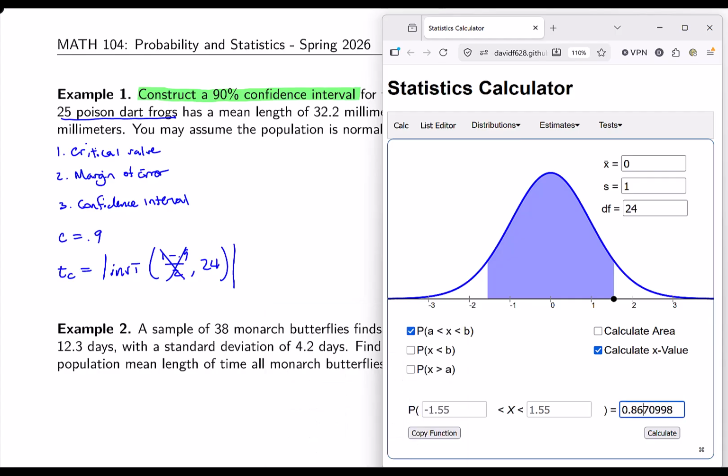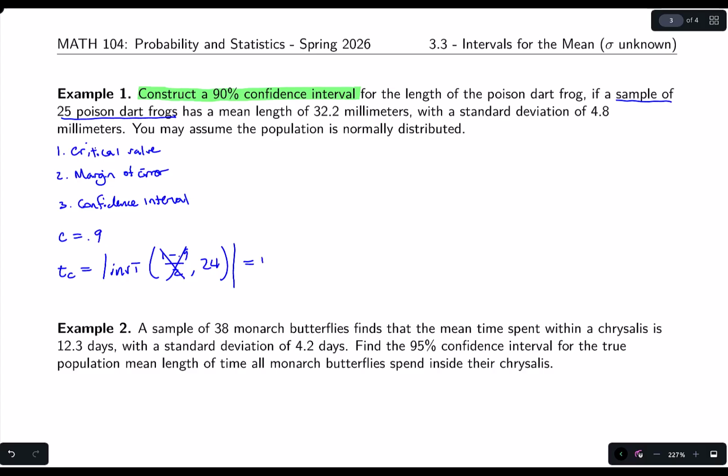Just change this over here to 0.9, your level of confidence, and then hit calculate or press enter, and it will come up with the two t-score values that have 90% of the area between them for a standard t-distribution with 24 degrees of freedom. So 1.711, we'll say. And you just use the positive one.